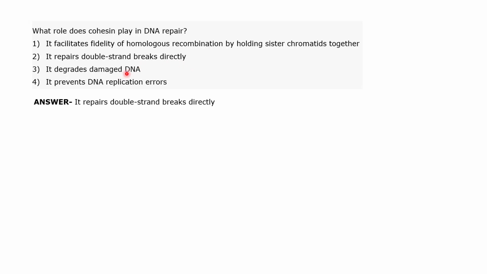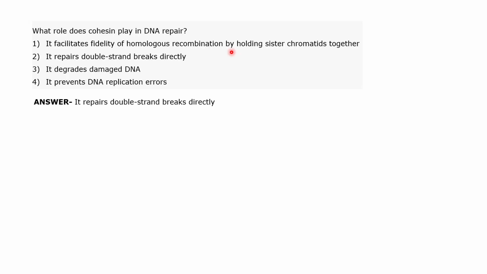So the other two functions are nullified in case of cohesin. It does not degrade damaged DNA, neither does it prevent DNA replication error, but it does detect double-stranded breaks present within the DNA, and hence it has the capability to repair those double-stranded breaks directly, apart from just facilitating the fidelity of homologous recombination.